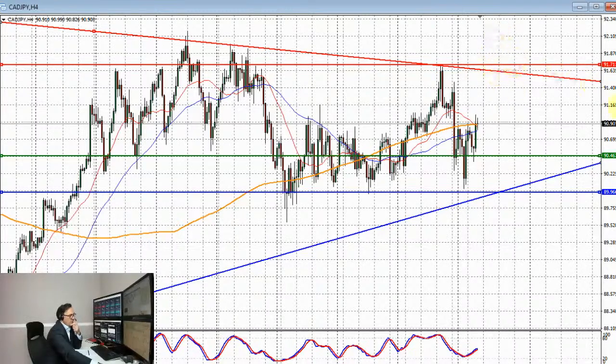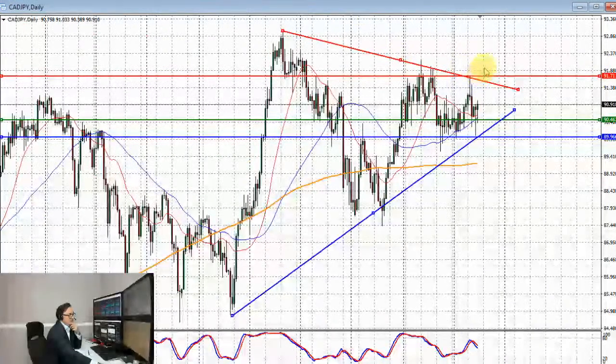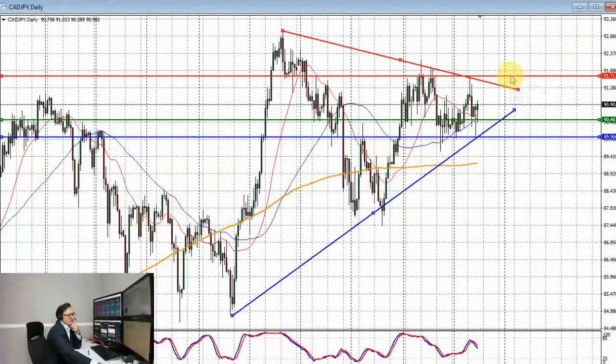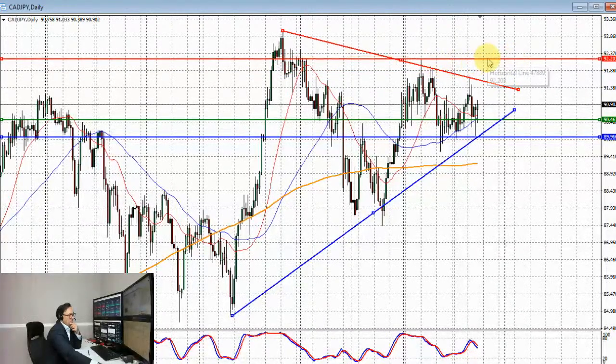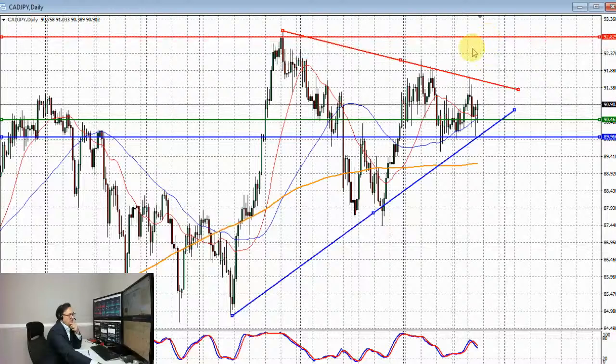Breakouts above that, an end of day close above that level, then opens the way for a push higher towards this area here, 92.20, breakout above that, 92.80, 93.